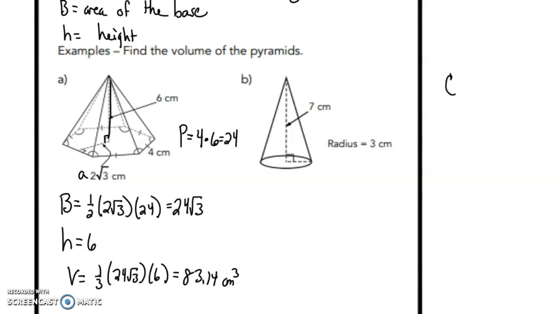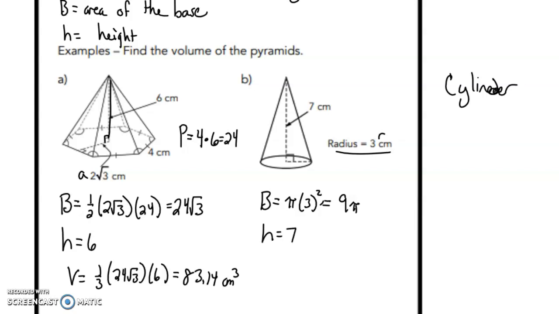Okay, so now think about your cone. Your area of the base is a circle, so it's pi r squared. They say our radius is 3, so there's our r. 3 squared is 9. So I'm just going to call it 9 pi for now, so I don't have to round until the very end. The height of the cone is 7 centimeters.